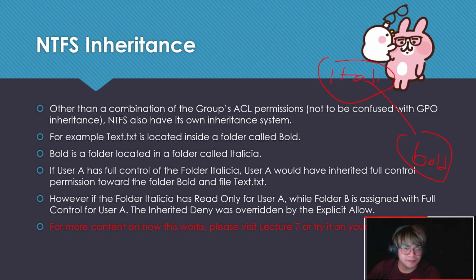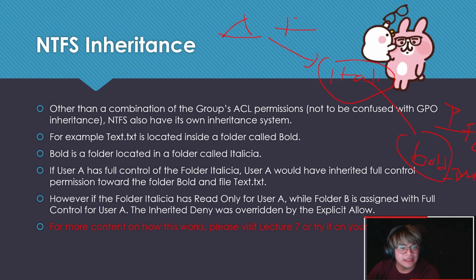If user A has full control of the folder Italia, user A will have inherited full control, inherited FC, permission toward the folder bool and the file inside, which is txt.txt.